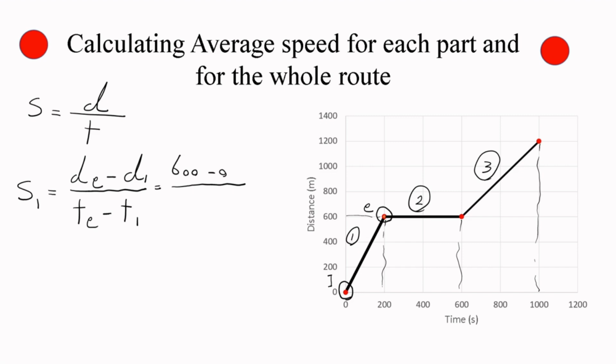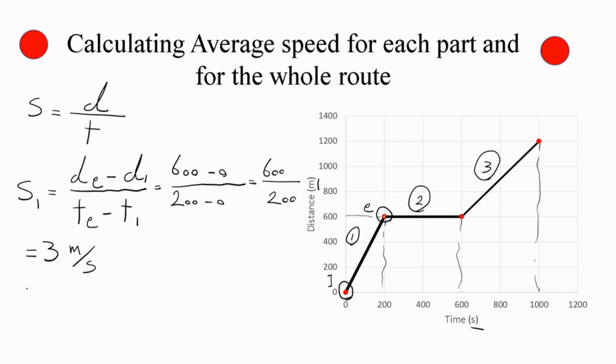What is the time of ending point? It is 200. And the time of initial point, as you definitely can see, is 0. So I'm going to have 600 over 200, which is going to be 3. And because I have distance based on meter and t based on second, I'm going to have meter per second.